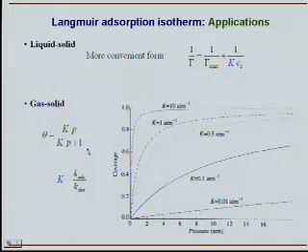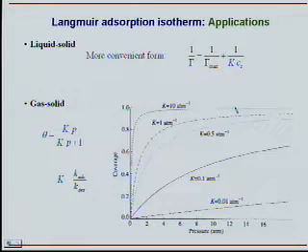This is an example of how it works. At low constant K, you have to increase the pressure a lot in order to have some gas adsorbed. At higher K, you have very high adsorption and it levels off very fast. This here is your maximal adsorption.